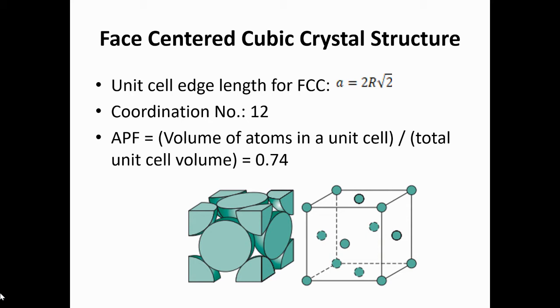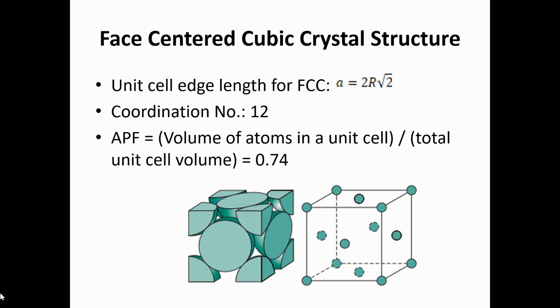If the cubic edge length is a and the atomic radius of the sphere is R, you can say the unit cell edge length for FCC is a = 2R√2. In the FCC crystal structure, each corner atom is shared among 8 unit cells, whereas a face-centered atom belongs to only 2.